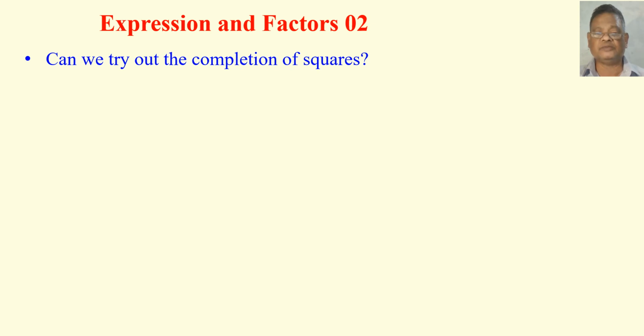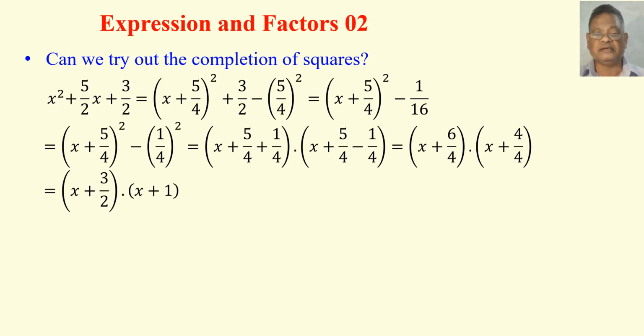Can we try out the completion of squares? In the trinomial x squared plus 5 by 2x plus 3 by 2, the square of half the coefficient of the x term is added and subtracted as shown. And a difference of two squares, namely x plus 5 by 4 whole thing squared minus 1/4 squared, is made out and is finally factorized to obtain x plus 3 by 2 into x plus 1.